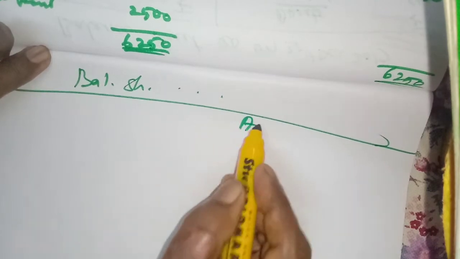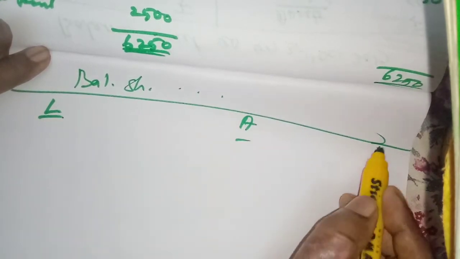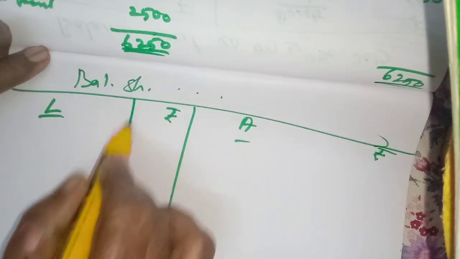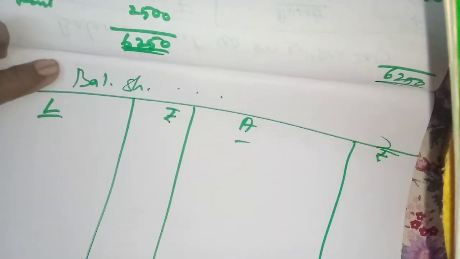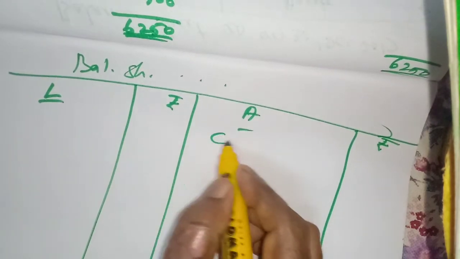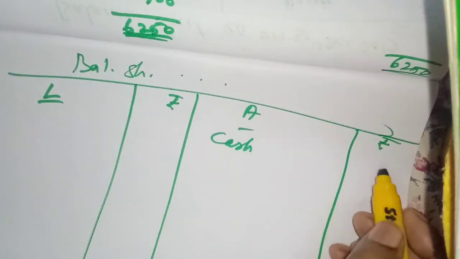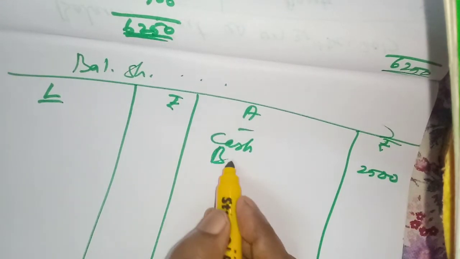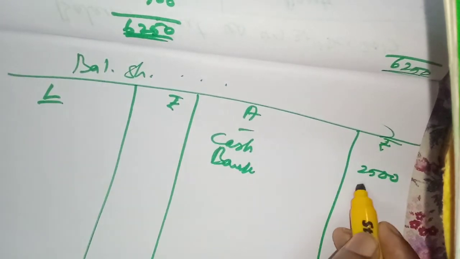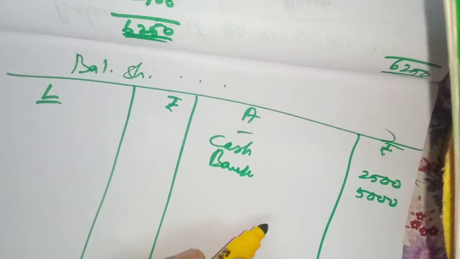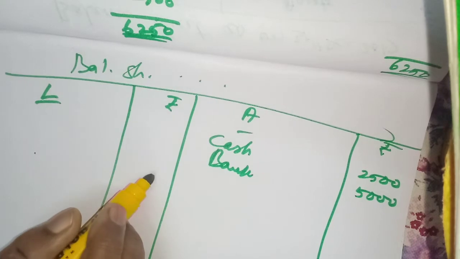Okay, assets, liabilities. Okay, rupees. First, cash given. So you write cash 2,500. Then bank 5,000. Then purchase, drawings will come this side, isn't it?